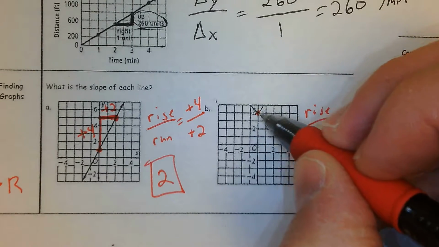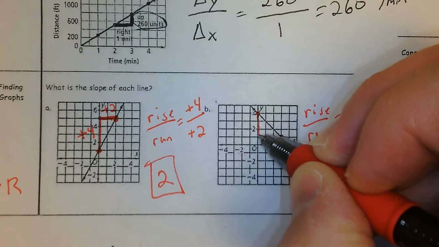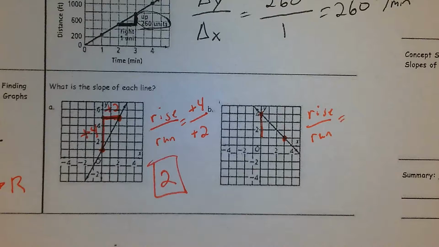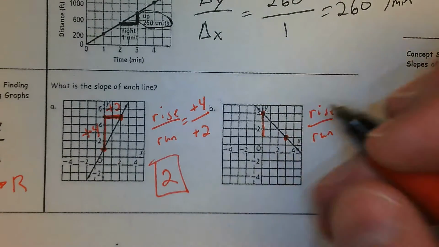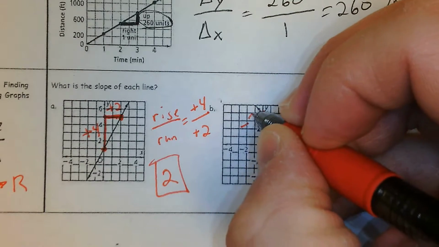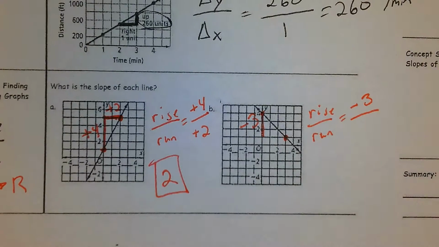Starting from the point on the left, traveling to the right, we go down 1, 2, 3. So now I'm going down 3. And remember on a line, if I'm going down, then it's going to be a negative value. So instead of being positive 3, this is going to end up being negative 3. So my rise would be negative 3.